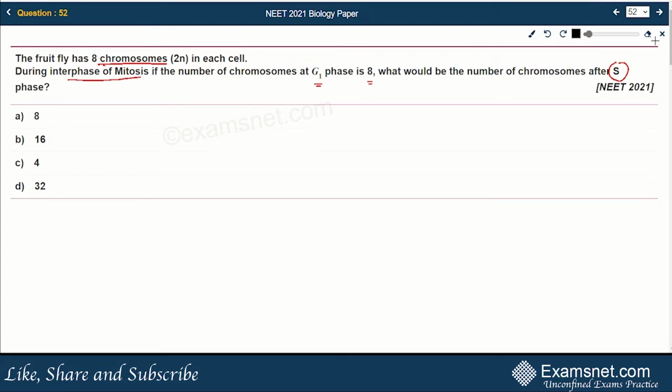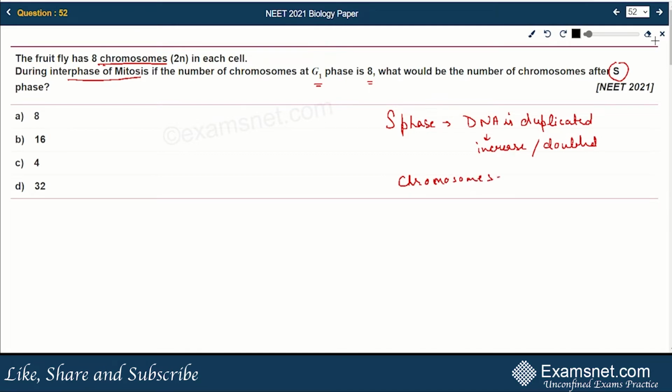This is a very simple question. We just have to understand what happens during S phase. During S phase, the most important thing that happens is that DNA is duplicated. What does this mean? That the amount of DNA will increase, or you can say doubled, but the number of chromosomes remains the same.